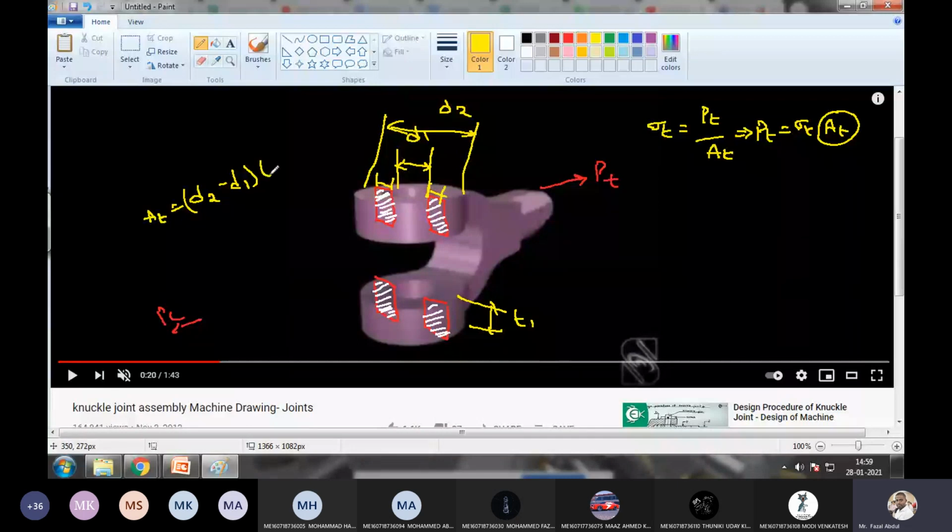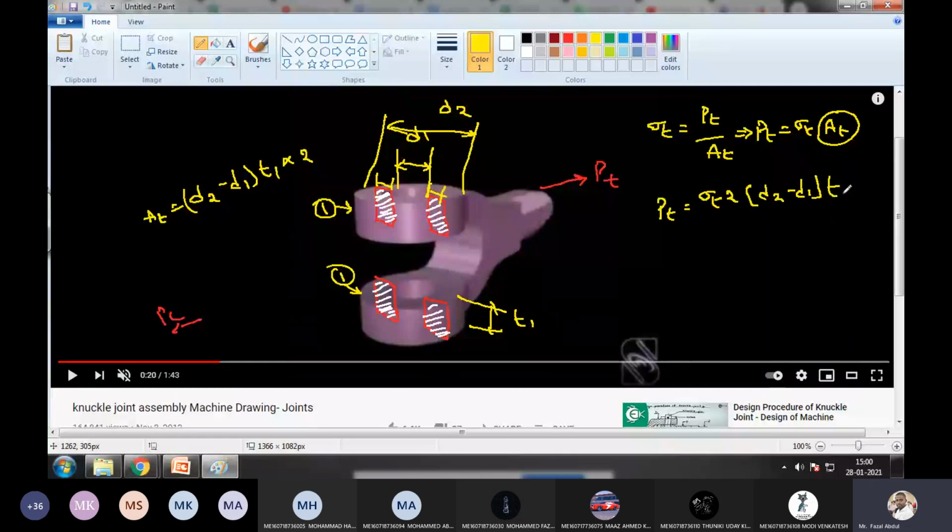Such a rectangle, another pair is going to be generated here. See, here one pair, here one pair. So two separate pairs, so the area I'm taking here is multiplied by 2. Write this equation: PT equal sigma T into 2 into D2 minus D1 into T1.